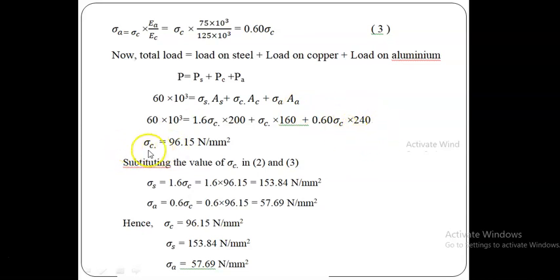So now we have the value of sigma C. Let us substitute sigma C in the above equation so that we can get sigma S and sigma A. Then let us multiply by the area of each material, and therefore we can find the force carried by each material. That's all.